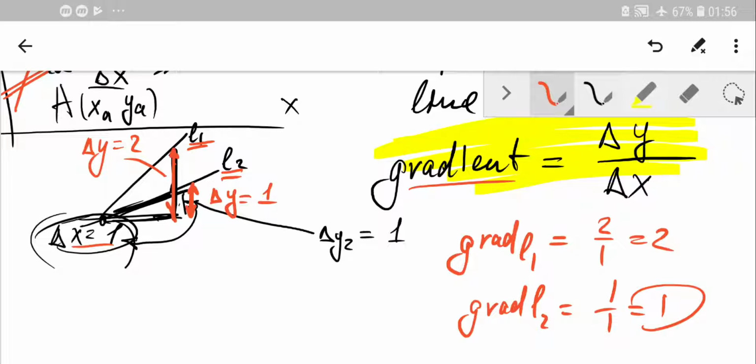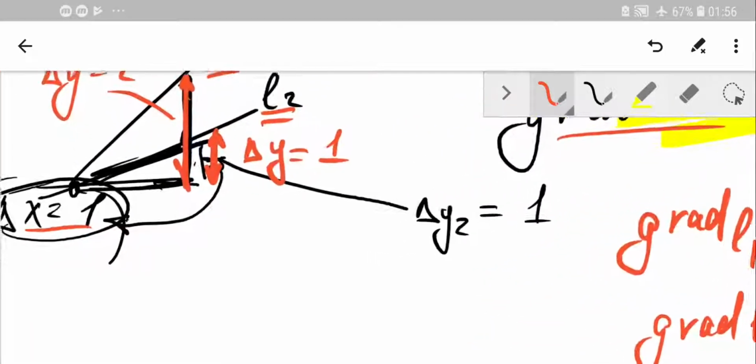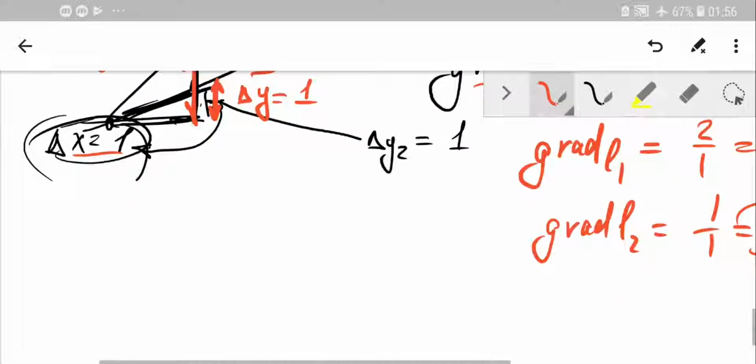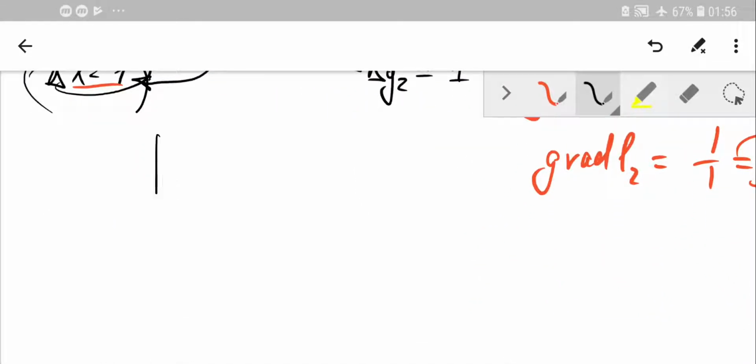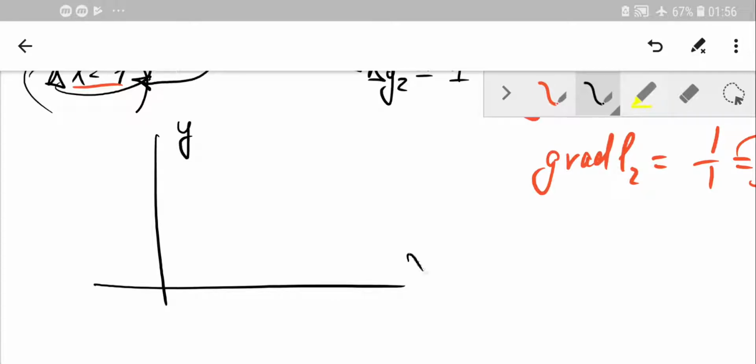Of course, we might have negative gradients, right? For example, let's have a look at this example. We have the y-x plane, and let's say this is a negative gradient, obviously.